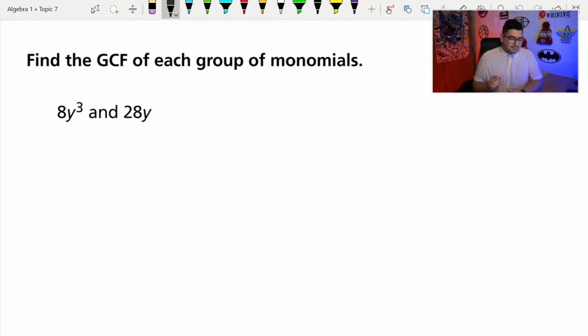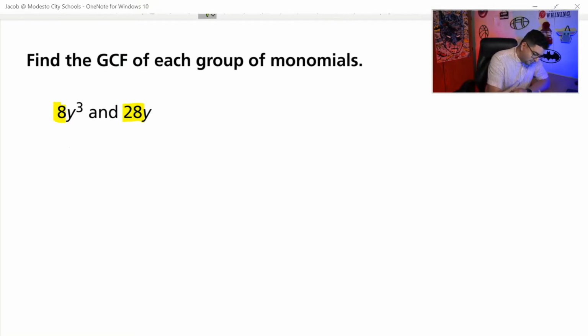So the first thing, I usually break it down into two steps. The first thing I do is I look at the numbers, 8 and 28. What is the largest number that can multiply into 8 and 28? You can try different numbers. Usually I just start with the lowest number, so I think of 8, and I go over what are the numbers that can go into 8 that can also go into 28.